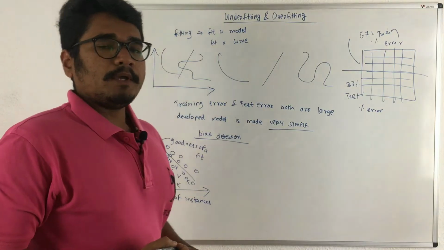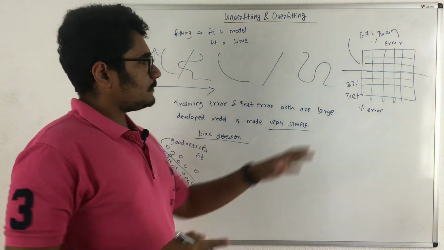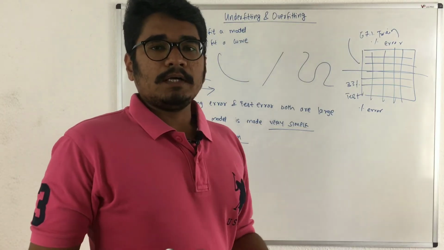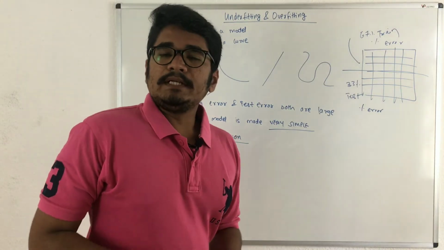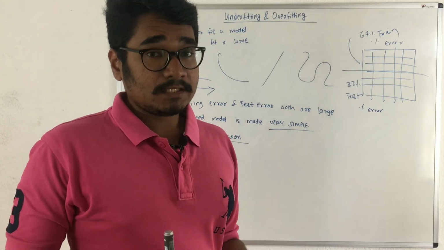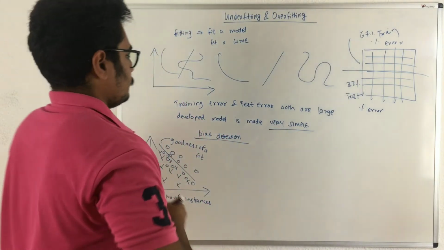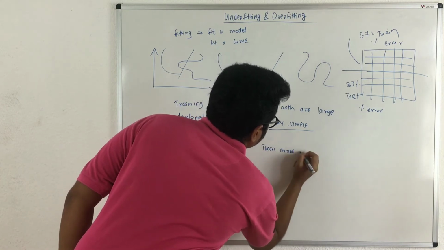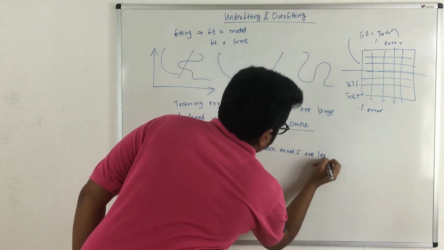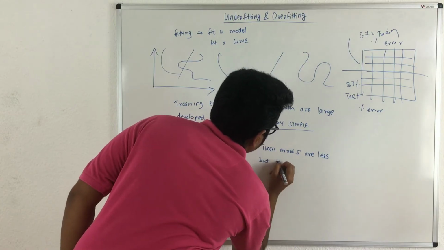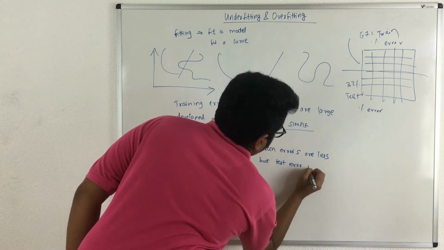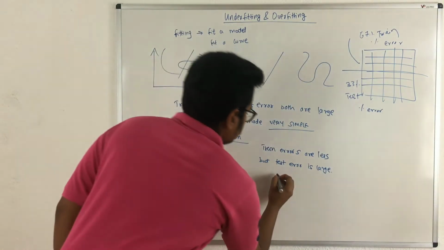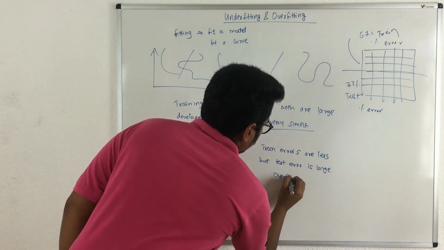Now what do you mean by overfitting? You build your model and your training is going very well. If the training errors are very small but the test error is large, then in this case you have the problem of overfitting.